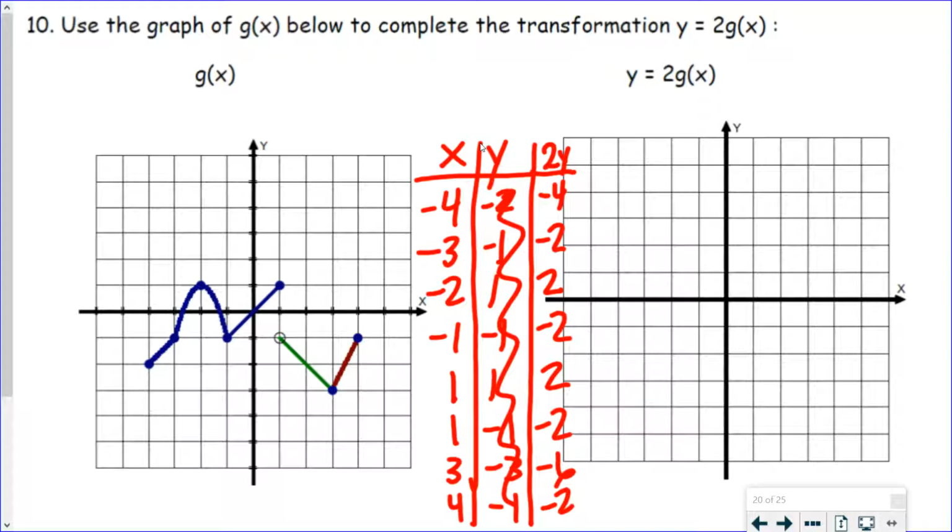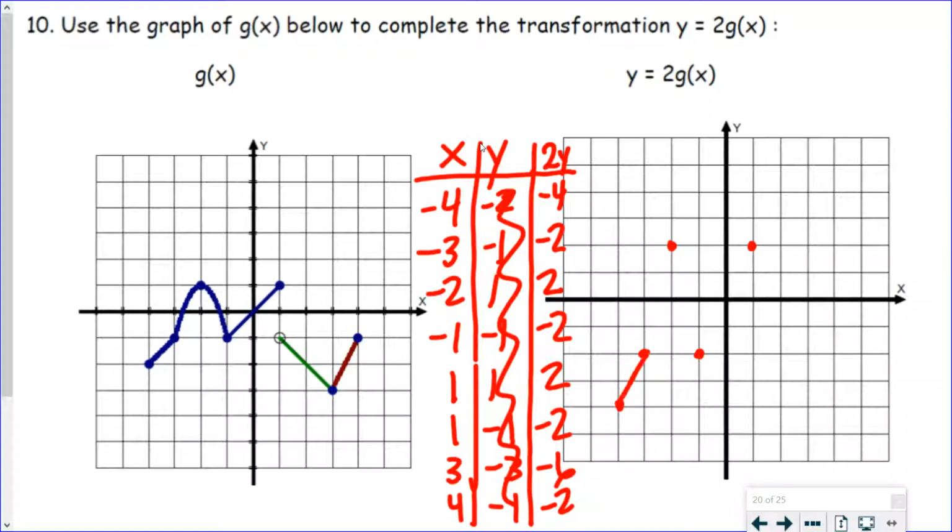Alright, so I've got a point at negative 4, down 4. I've got a point at negative 3, negative 2, negative 2, positive 2, negative 1, negative 2, and then 1, 2. So this is the first part of the graph.